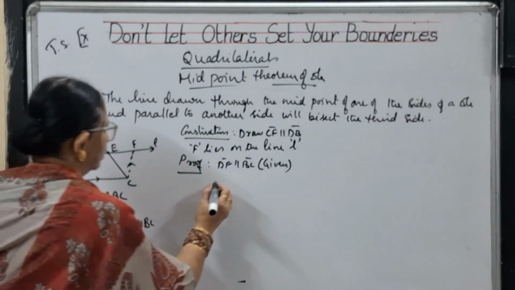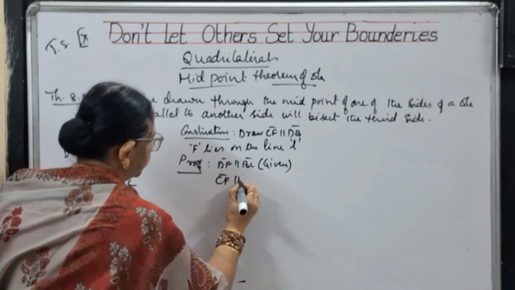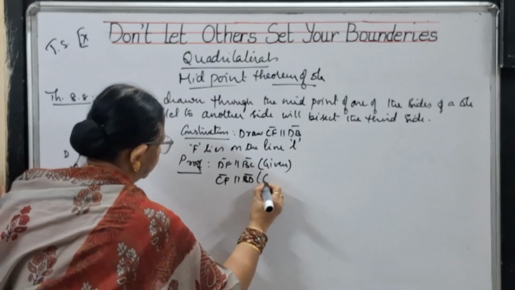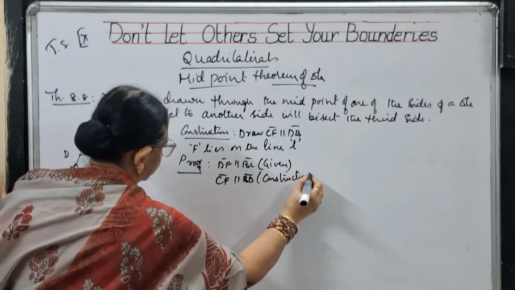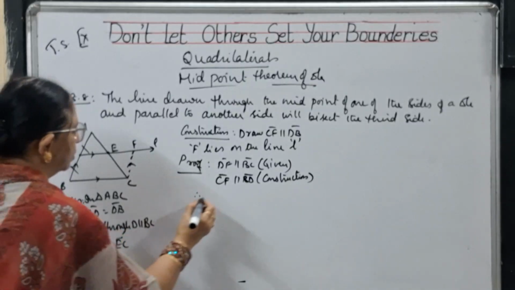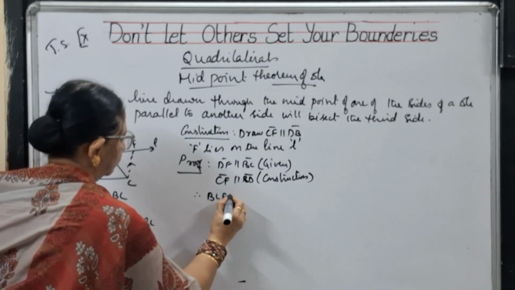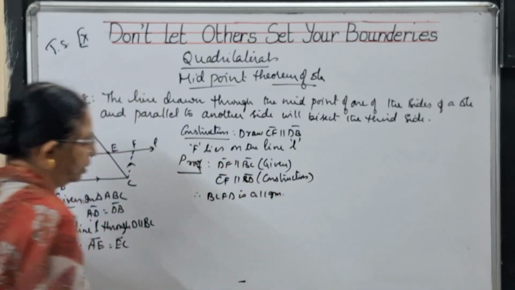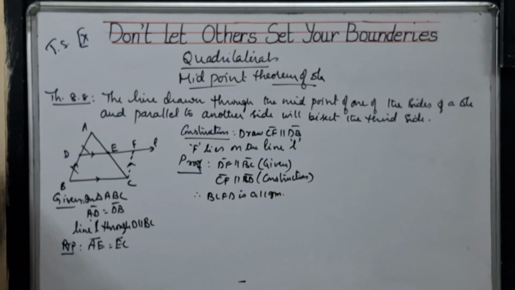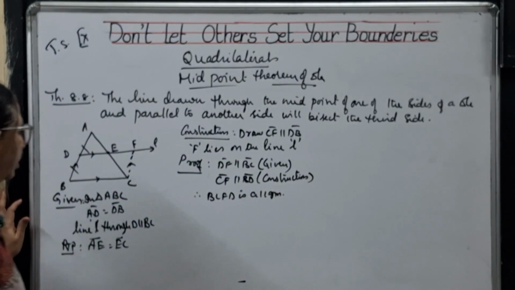They have given to us. CF is parallel to BD. This is our construction. We have constructed. Therefore, BCFD is a parallelogram.